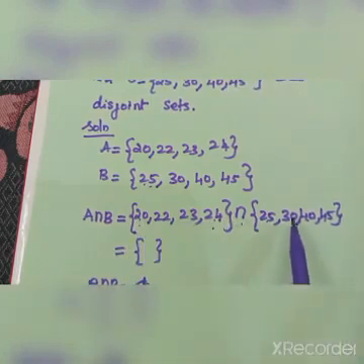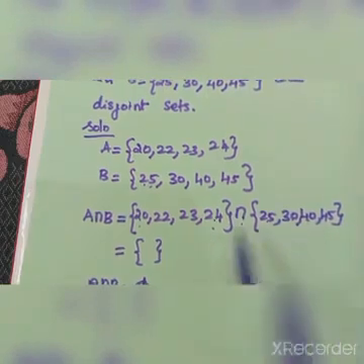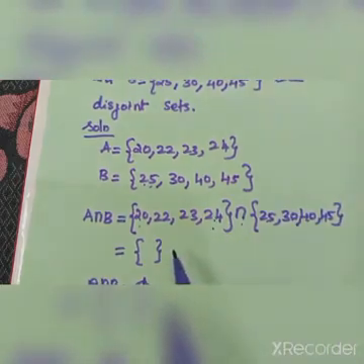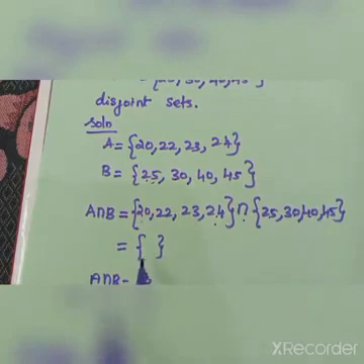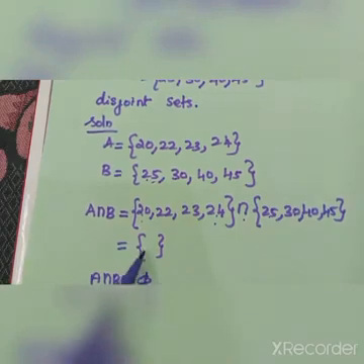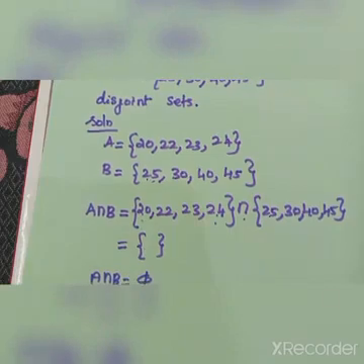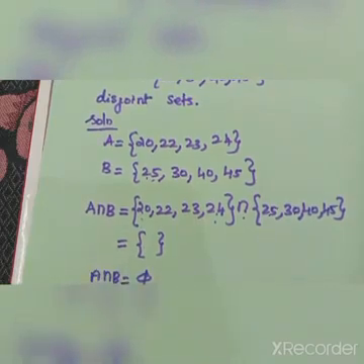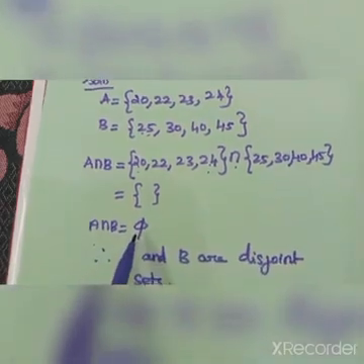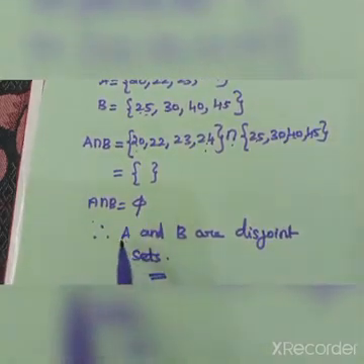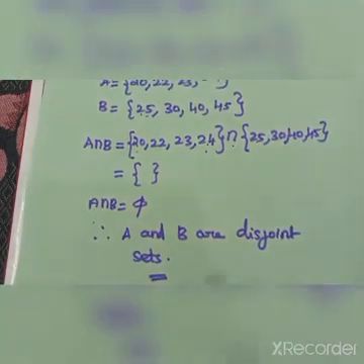Here 25, 30, 40, 45. Is there any common element in both sets? No. So it is the null set. So A intersection B is equal to the null set, or the empty set. Both have the same meaning, null set or empty set. Here A intersection B has no elements, it is the null set, empty set. Therefore A and B are disjoint sets. Understood, students?